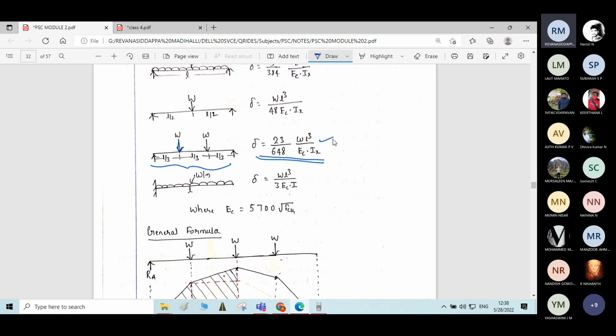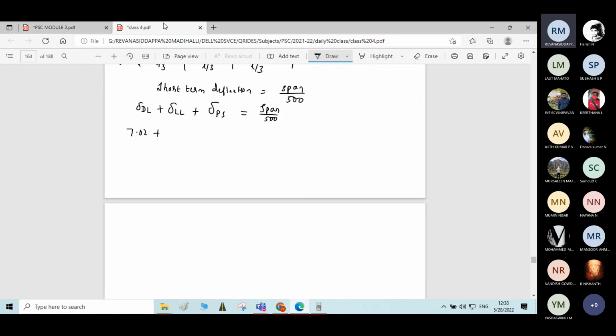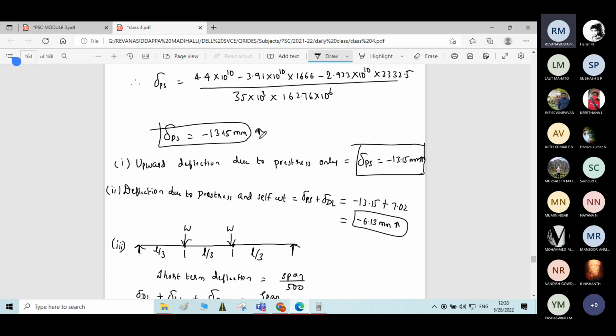So the deflection due to live load here, I'll copy the same formula, is 23 by 648 into WL cube by EC into IX, plus delta PS, the deflection due to prestressing force.